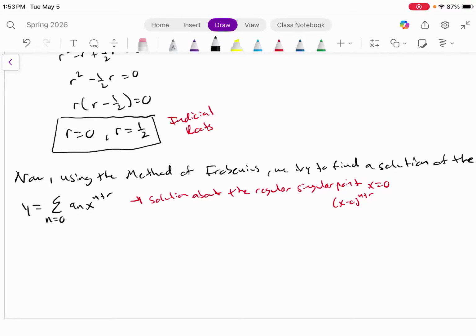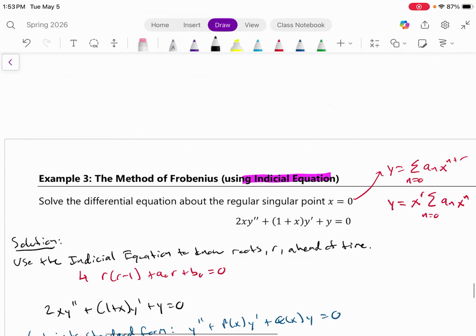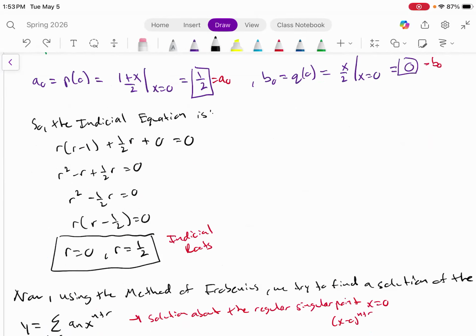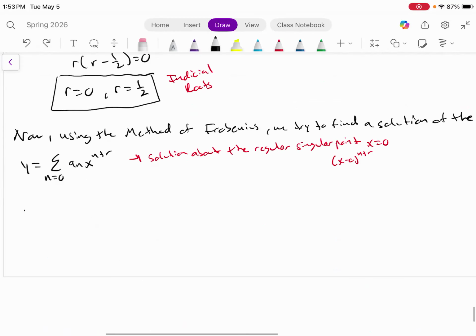So we're trying to find a solution of this form, and we're going to need to plug this into the differential equation from up above. That means we're going to need a derivative and a second derivative. So let's go ahead and get those. For y prime, remember, for the Frobenius method, when we have this exponent r, when we take the derivative, the index doesn't change. It still stays at n equals 0. So the first derivative would be the sum of n plus r, a sub n, x to the n plus r minus 1.